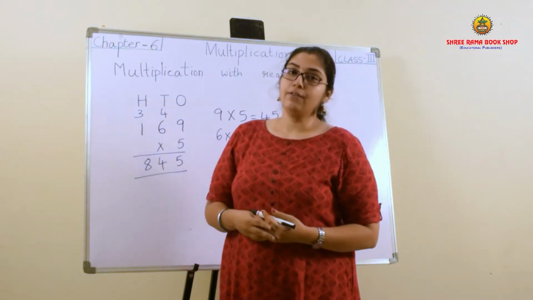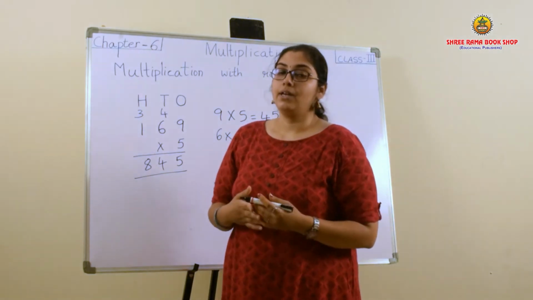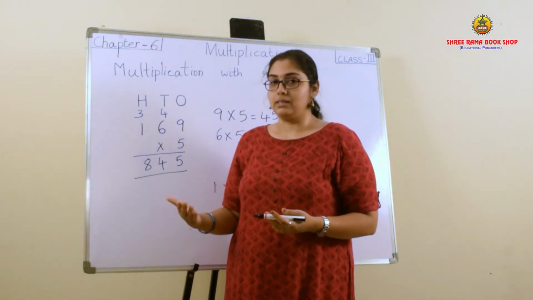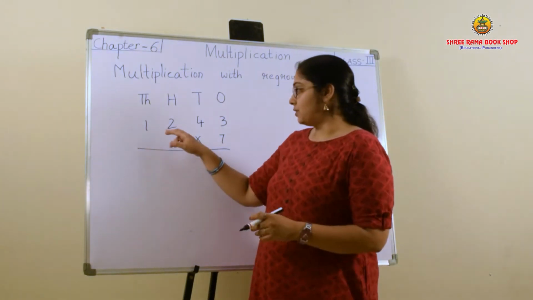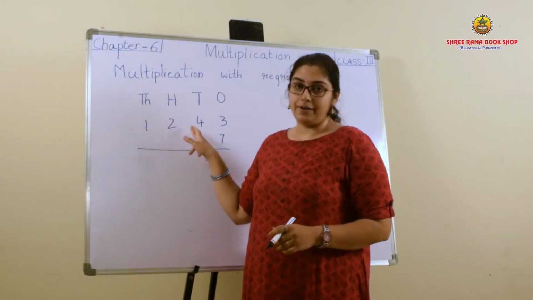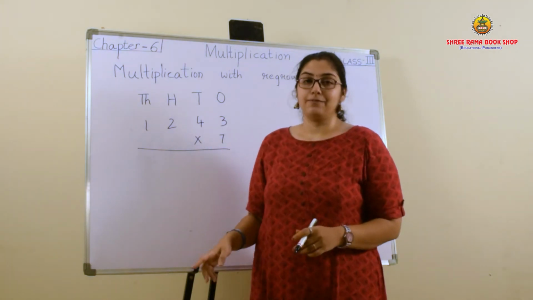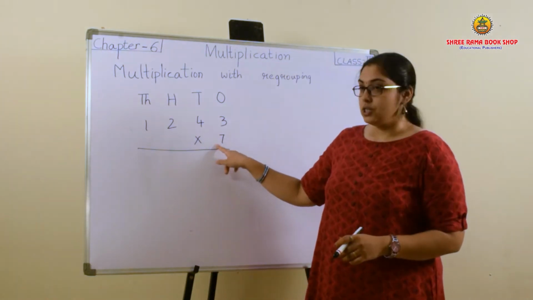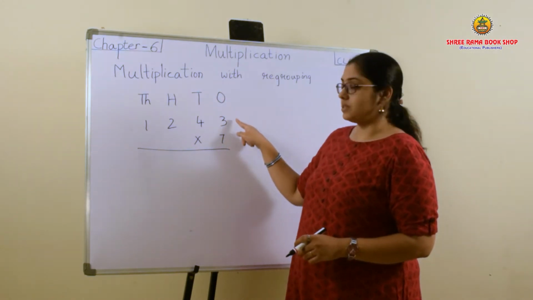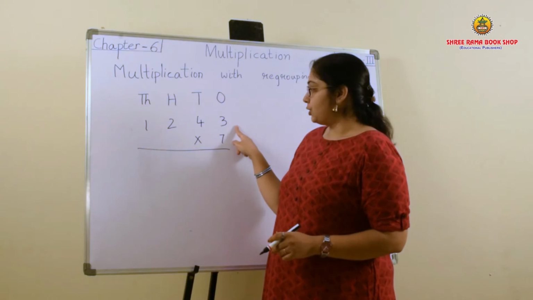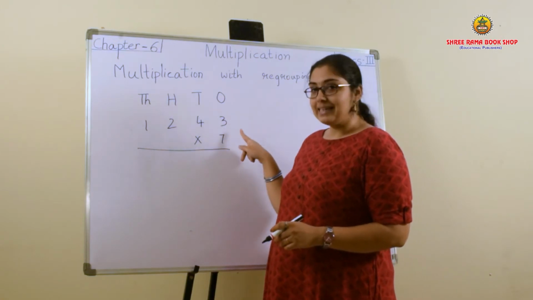Next we will be taking a 4-digit number and I will be explaining to you how to carry till thousands place. Now on the board you have a 4-digit example. So the number is 1243 and I am multiplying this 4-digit number with 7. I will be starting from ones place. In ones column I have the digit 3, so I will be multiplying 3 with 7.